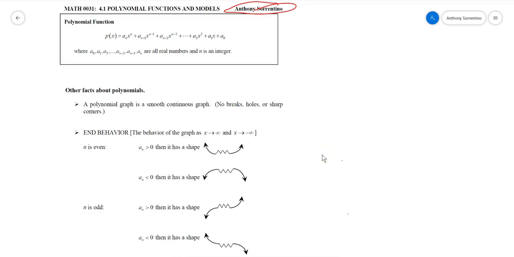And this is dealing with section 4.1, Polynomial Functions and Models. In chapter 4, we're going to explore a lot of solving polynomial equations, mainly focused around finding the zeros of polynomial functions. Because ultimately, finding those zeros is what I would essentially do to solve the equation.